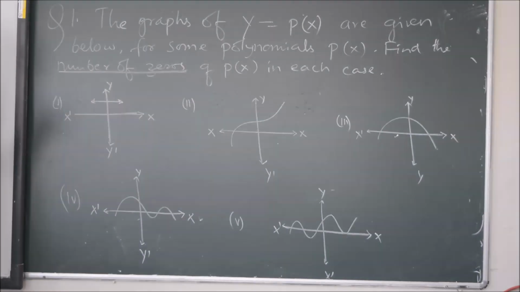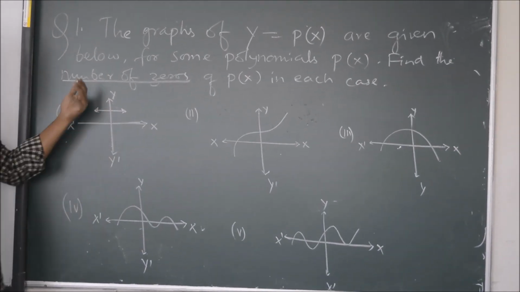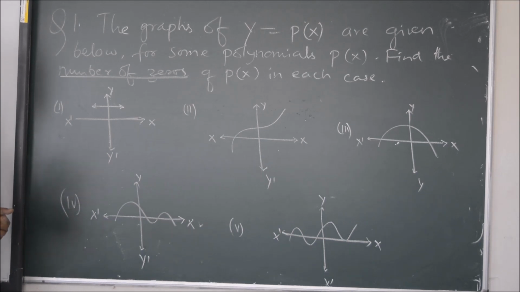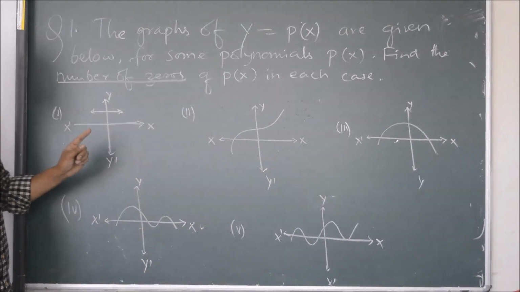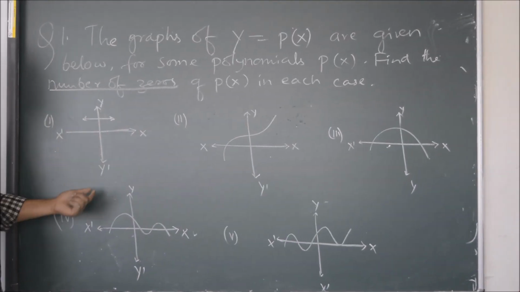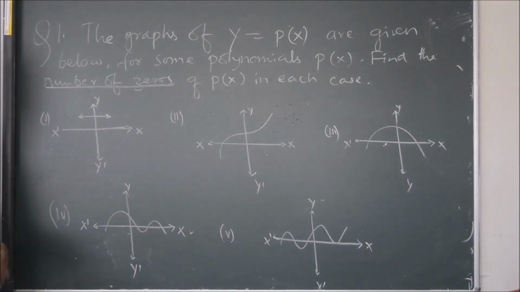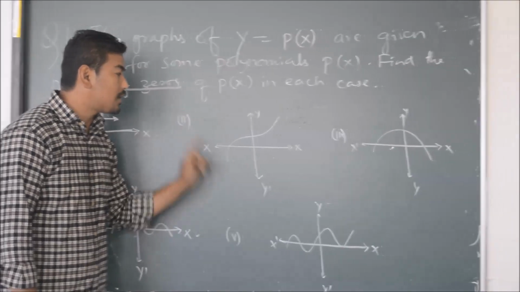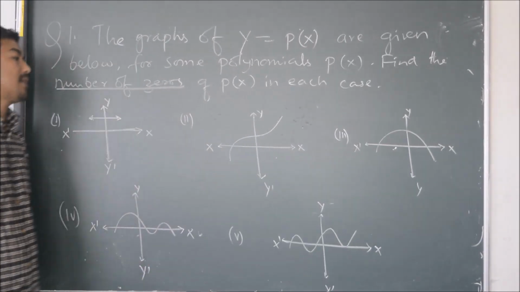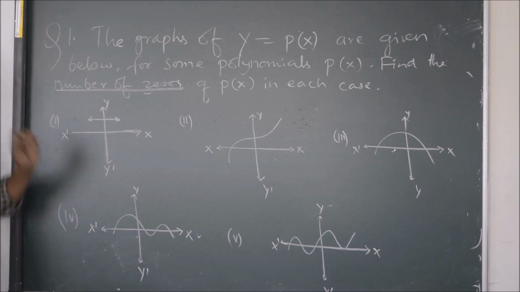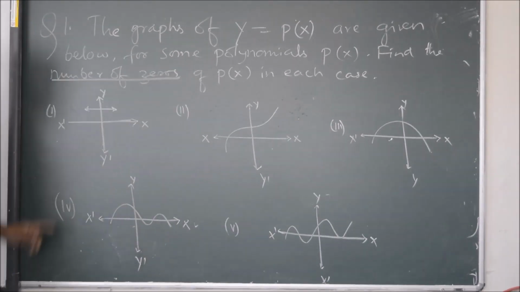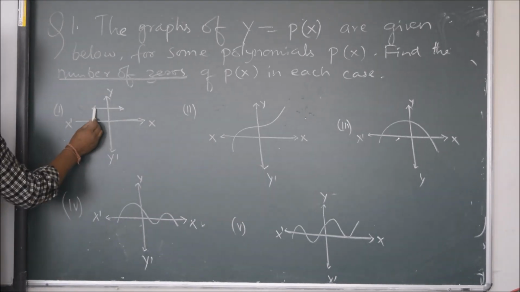Now we are finding the number of zeros of polynomials. You just see how many times the graph of the polynomial cuts or touches the x-axis. Again I'll repeat: how many times the graph cuts or touches the x-axis, that will be the number of zeros of the given polynomial. Look at the first graph.